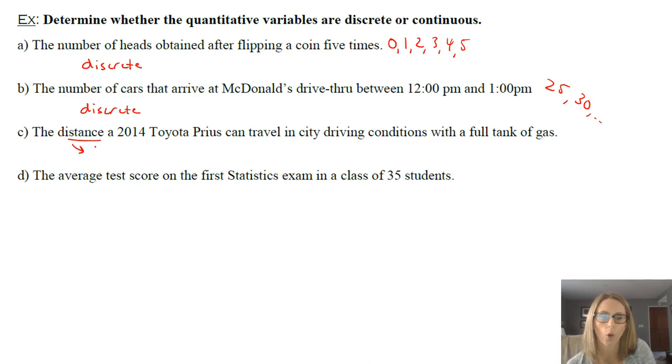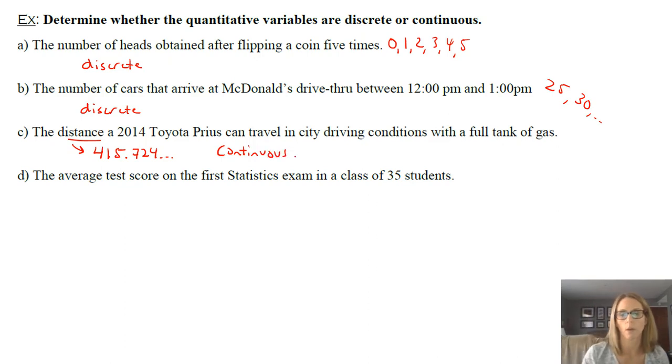So let's say it can go 400 miles, but it's probably going to go 415.724 miles, whatever, your car's just going to round it, because your car display panel doesn't put all the values on there. So the point is, that's what you're going to see. And so because of that, that is continuous data, because there's just an infinite number of values that fit a full tank of gas.